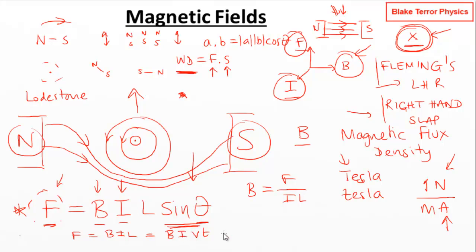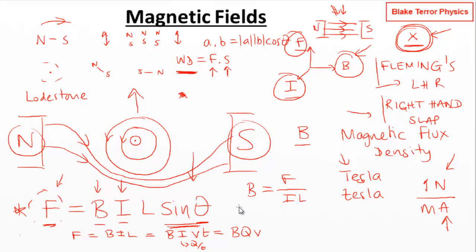We also know that current is Q over t, our rate of flow of charge. So the t's are going to cancel, which leaves us that the force on the charge carriers, the charges that are moving along the wire, is BQV, with V being the drift velocity.